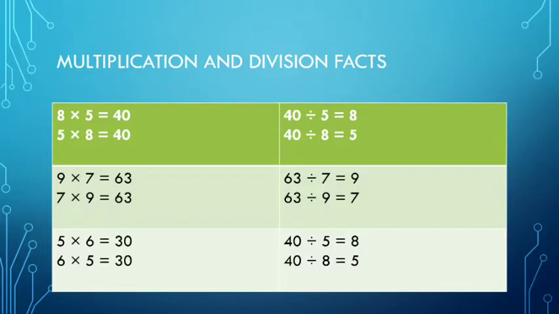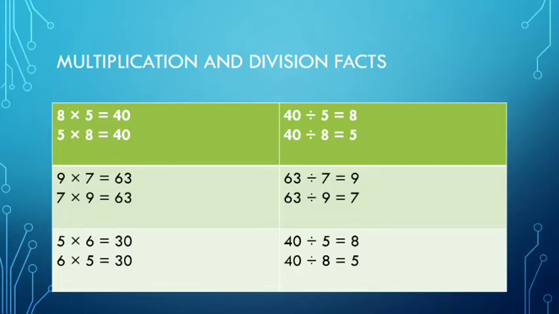Students, let's revise the multiplication and division facts. Before making multiplication and division facts, you have to keep these points in your mind. In multiplication, whether we read the table of the first value or the second value, the product stays the same.